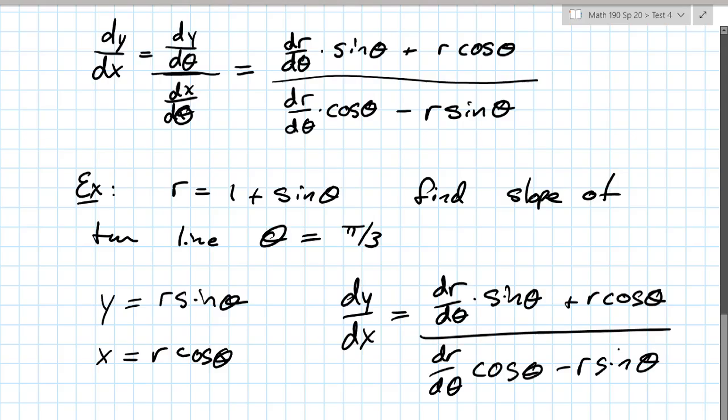That's the definition. With this parametrization, you're always going to get that same derivative.